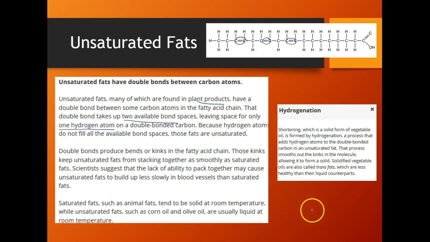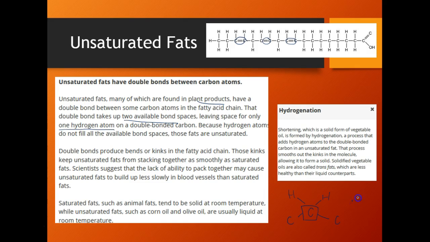So if you remember in the previous slide, we saw that we had carbon atoms, right? So if we're looking at this carbon right here, it can be attached to 2 other carbons, right? And then it can have 2 other hydrogens as well. But if there's a double bond, the double bond takes up 2 additional spaces.